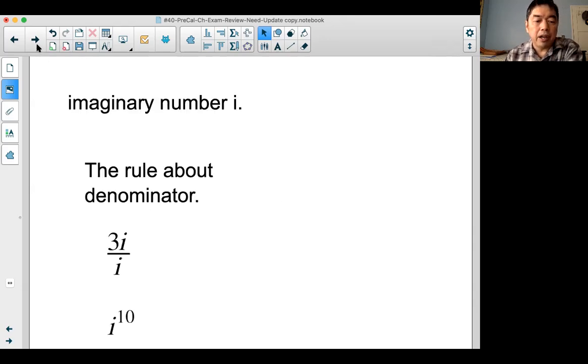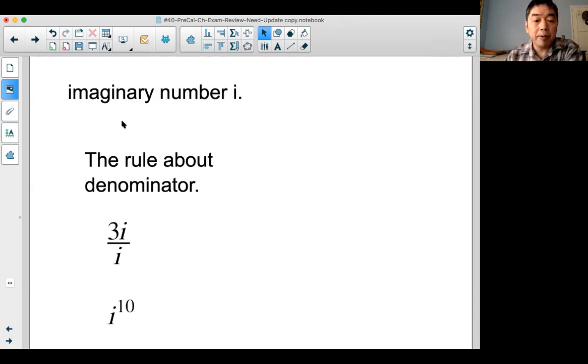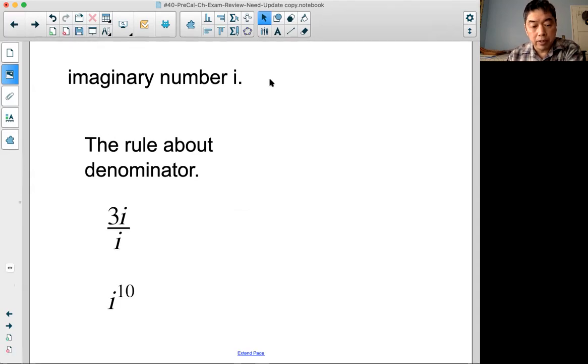Next, you have to know what the imaginary number i is. What is the rule about the denominator? If we have i in the denominator, how can you get rid of it? It's against the rule to have i in the denominator. The other question is also i to the 10th power or i to the 100th power.